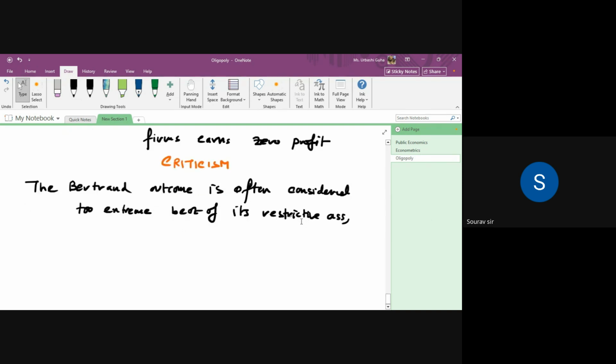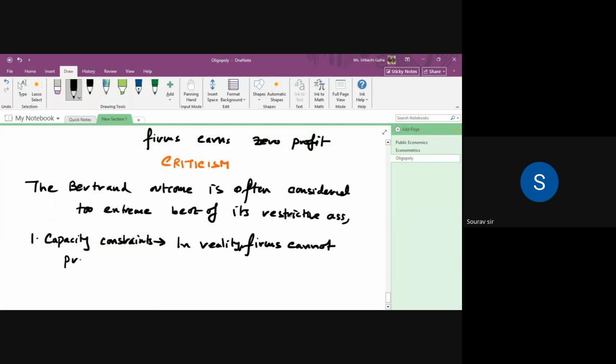So then, capacity constraints. That means, in reality, firms cannot produce unlimited output. By the name only we can understand, nobody can produce unlimited output in reality.